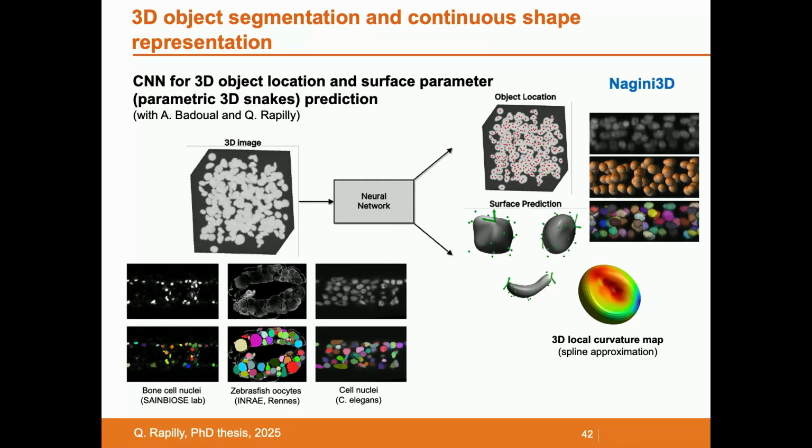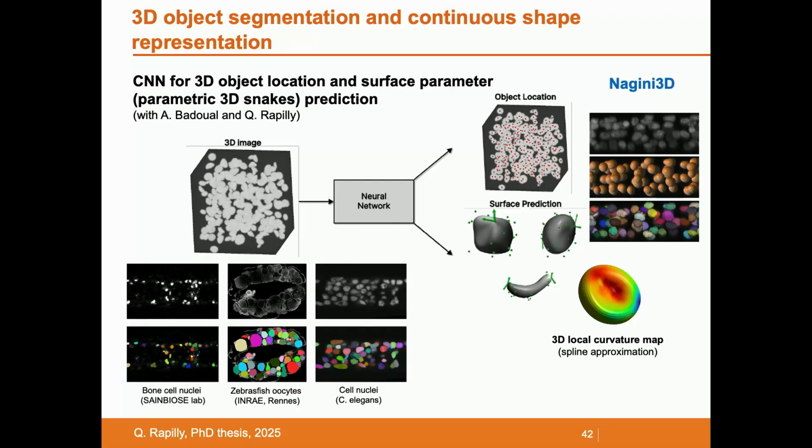Here we developed a hybrid CNN that combines the performance of CNN and active contours. The output of this method is, as before, binary maps and a set of objects with their centroids, and these objects are approximated by surfaces. So now you can compute curvature on these objects, which can be very useful for biophysics. Here you have an illustration of this methodology, which can adapt to different scales and different conditions.